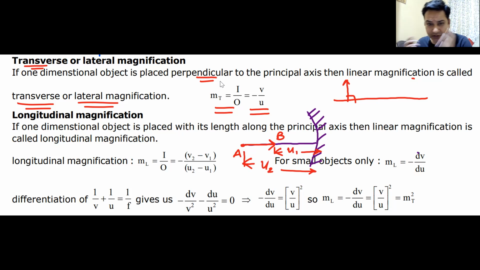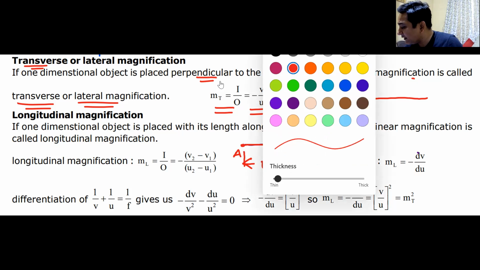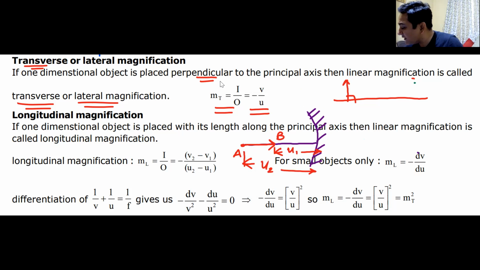Now, depending on where this object is placed, the image can come in different ways. I'll just draw one. I'm not going theoretical here. My green color is my favorite. Let us say that the image comes like this. So this becomes my A dash and this becomes my B dash.